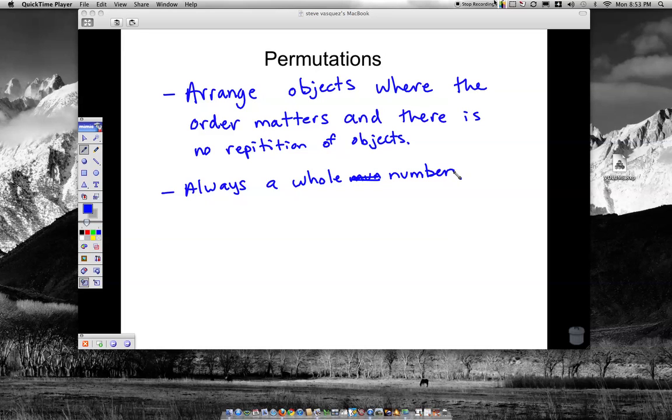There's a formula that we write, and it's denoted as little n, big P, and little r. The little n is for total number of objects. The little r is number in the arrangement.